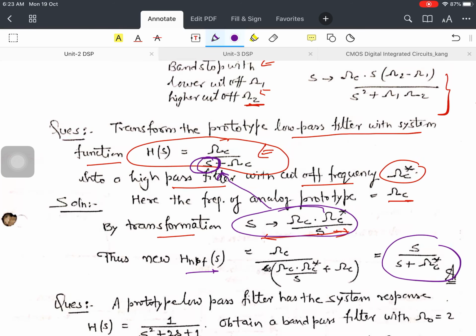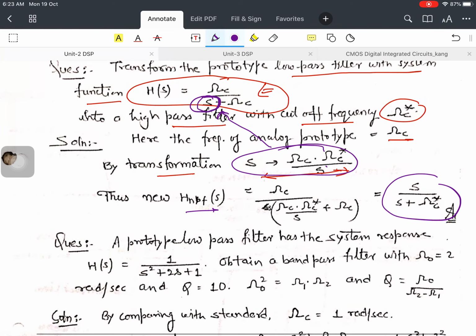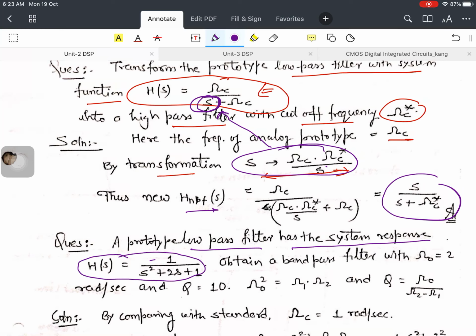Okay, now the next question is given: a prototype low pass filter has the system response 1 upon S square plus 2S plus 1.